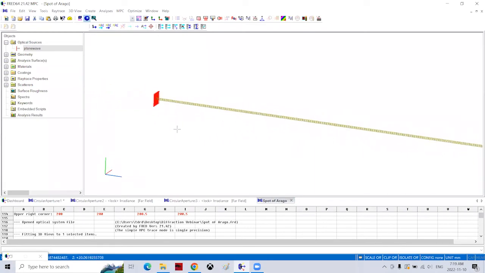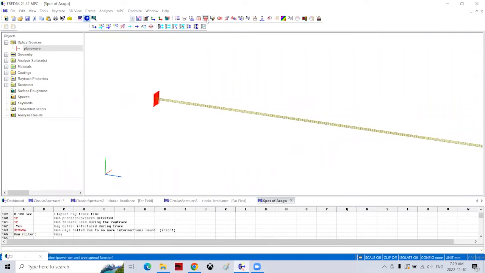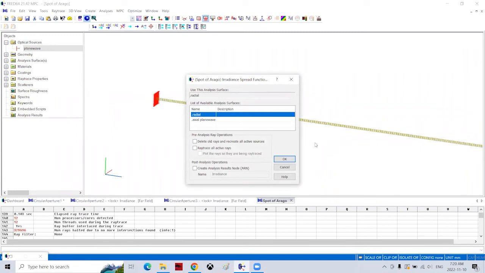So with the spot of Arago, it's a diffraction effect that actually creates a peak on the center behind the obscuration, which without diffraction effects wouldn't be there. So again, we just do a ray trace, plot the irradiance at the position at z equals 400.